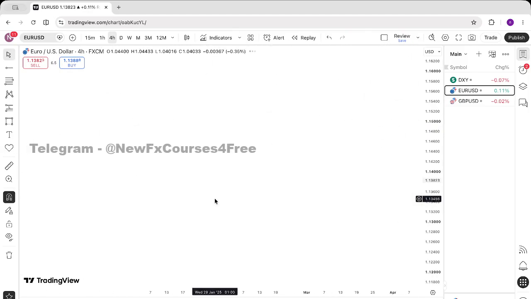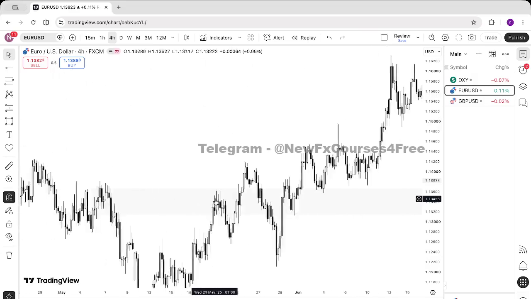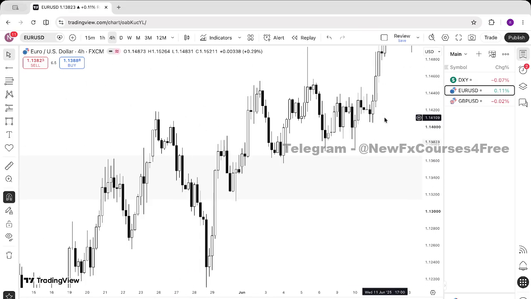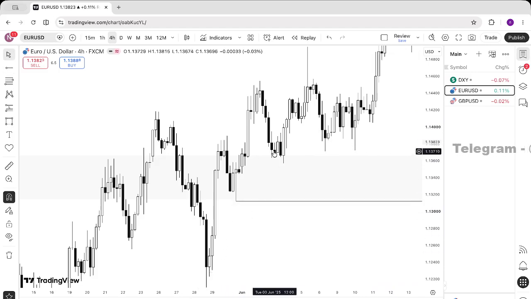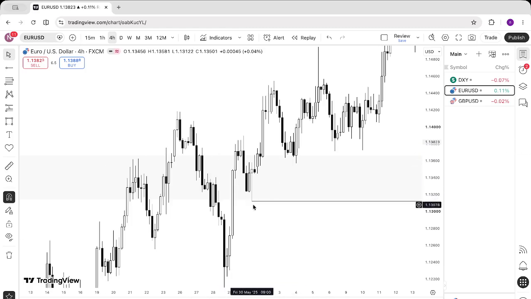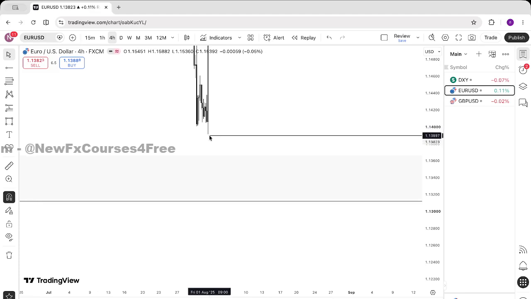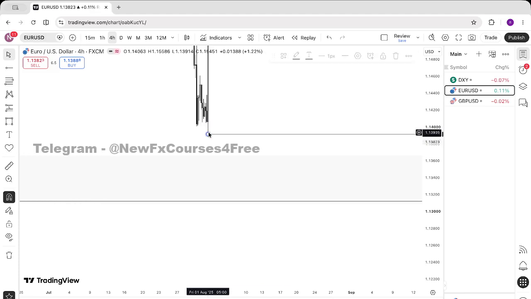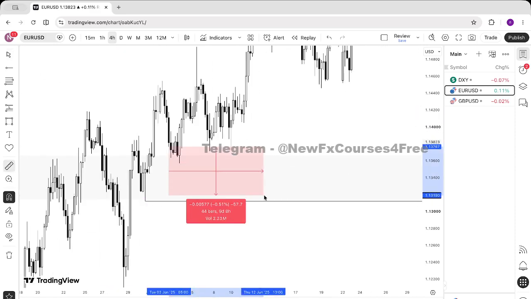Well, if I go to the left here, what's below this breaker? We have a low protected by a breaker, and it's also an intermediate term low below this range, right? So this was my determined stop loss point for this key level.